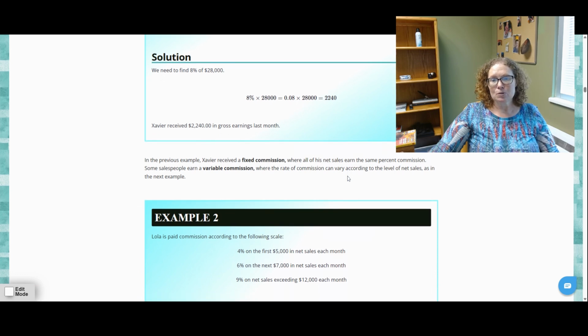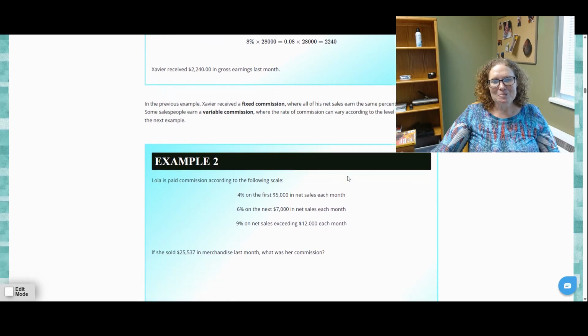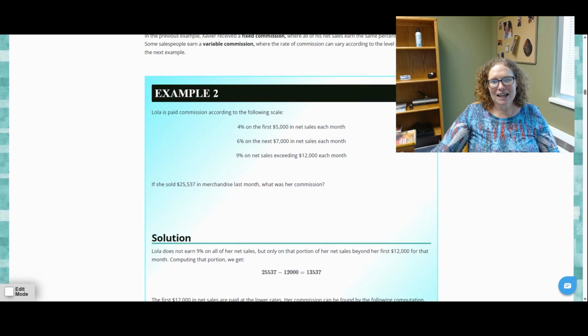So that's a fixed one. Some people get variable, and so it gets a little bit more sticky, but it clearly lays it out, and we'll go through that too. So if Lola is paid according to the following scale, she gets 4% on the first $5,000.